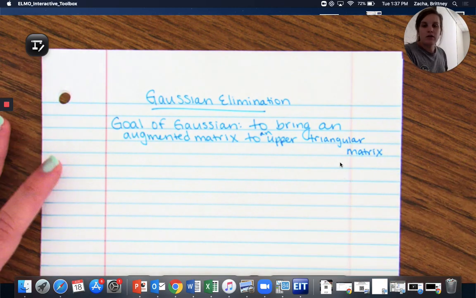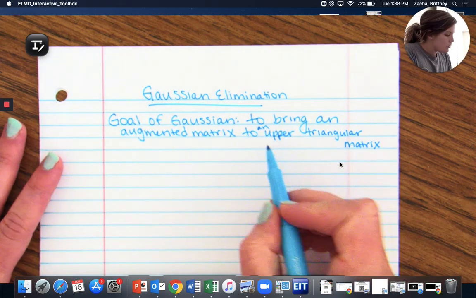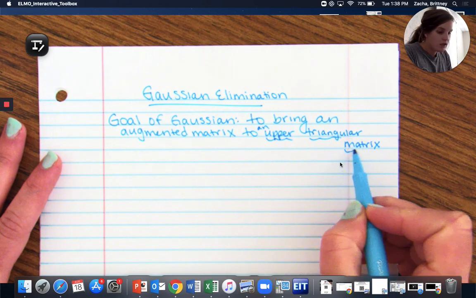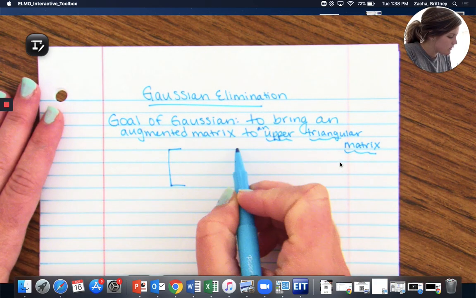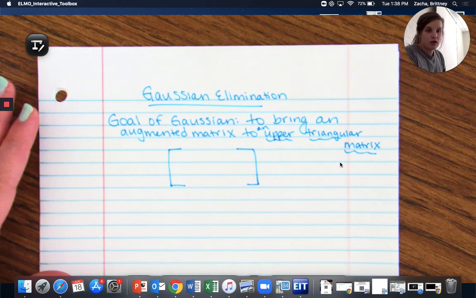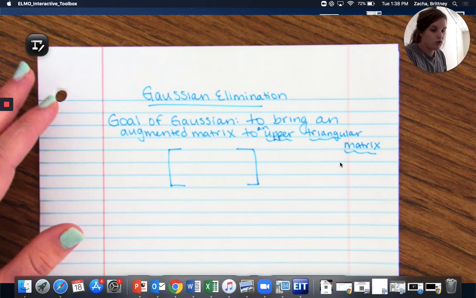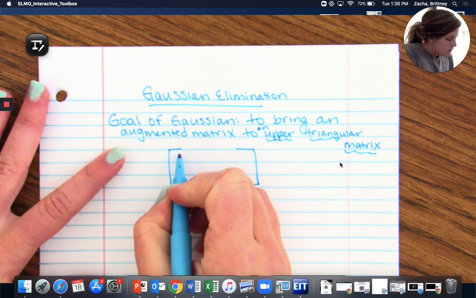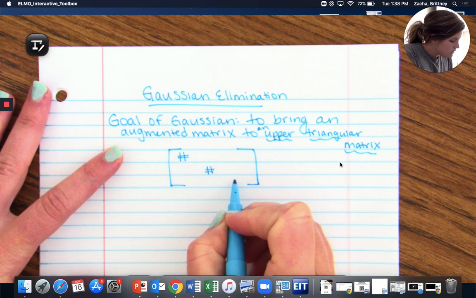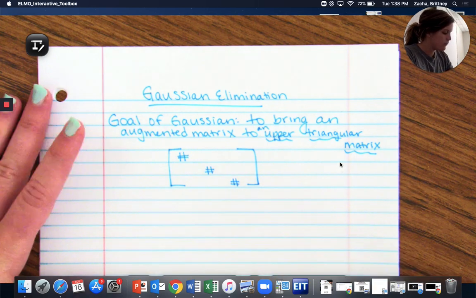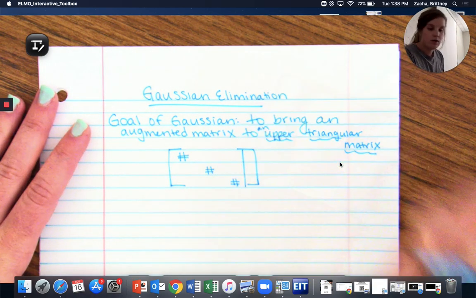Okay, and I'm going to go ahead and draw you a picture of what the upper triangular matrix is going to look like. Very vague. Basically you're going to take your initial matrix, and your goal is for this to be a diagonal right here of constants. You'll have a line and some other numbers over on that side.